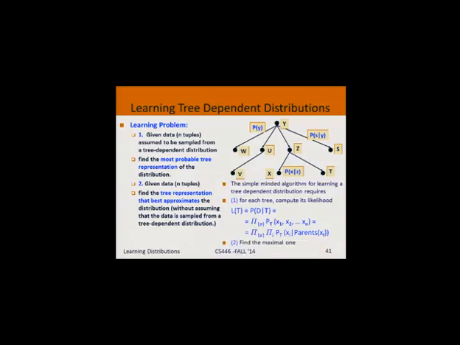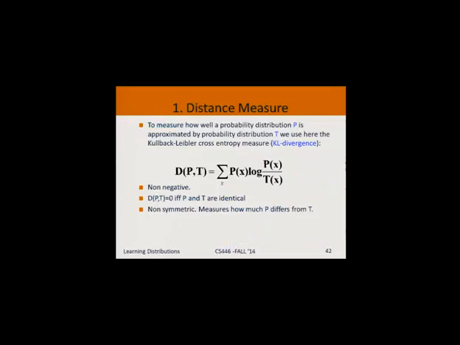So the simple-minded algorithm is going to be this: for each tree, compute the likelihood and find the maximum. And what we're going to do in the next few minutes is show that there is a nice algorithm that does this without actually writing down all the trees, which we cannot do. So we need a few tools for that.